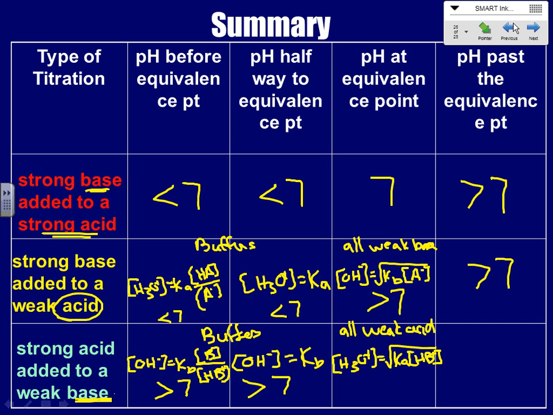We have an acidic situation. We have a less than 7 pH, all right? And when we blow it over the top and add lots of acid, very much a pH of less than 7, all right? And if we're still having trouble with our greater thans and less thans, imagine that there's a pH in front of every one of these. I think it was you guys who struggled with that. Anyway, all right.